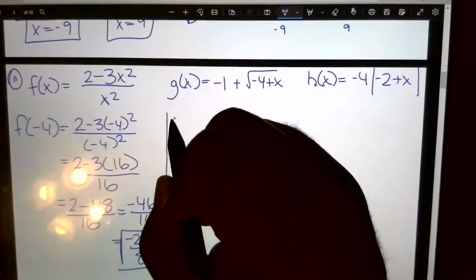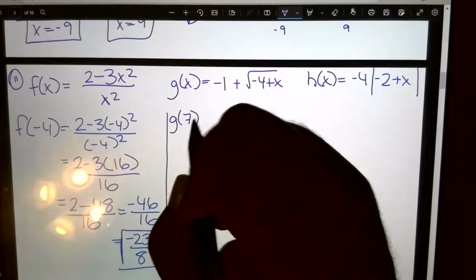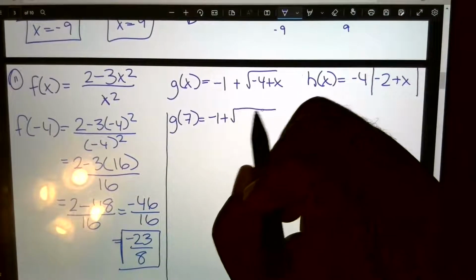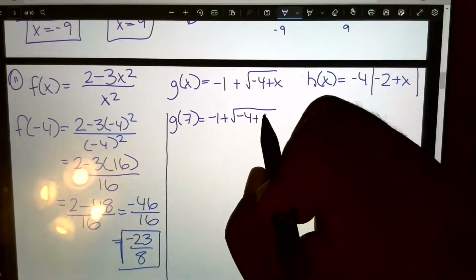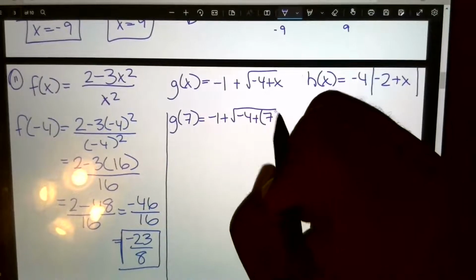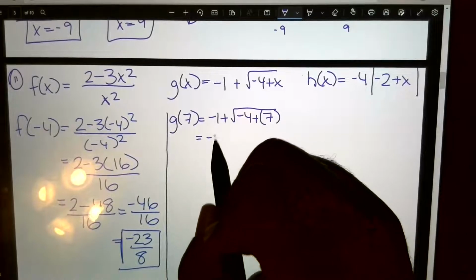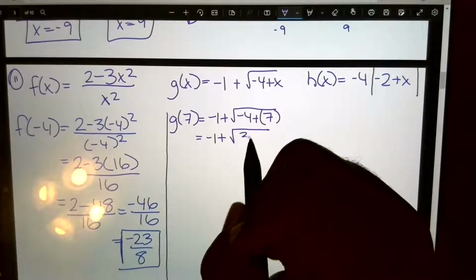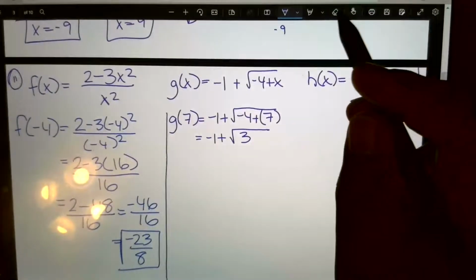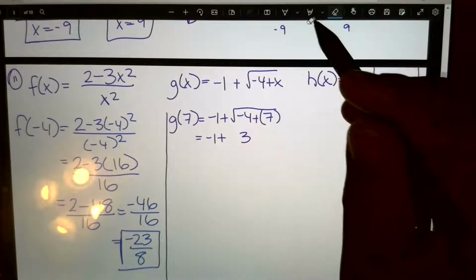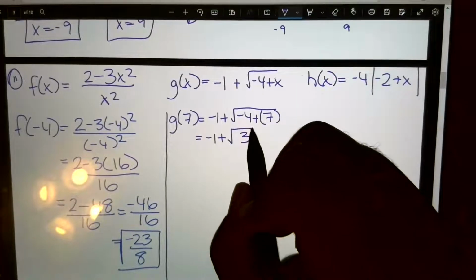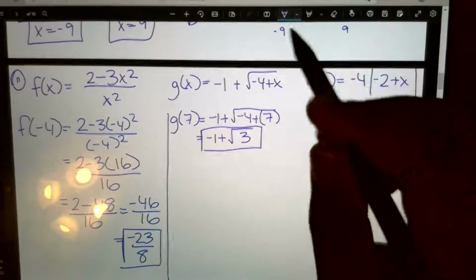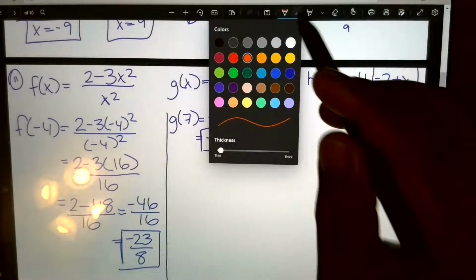G of 7 you could do negative 1 plus square root of negative 4 plus 7, which is negative 1 plus square root of 3. And there's nothing else we can do with that. All right.